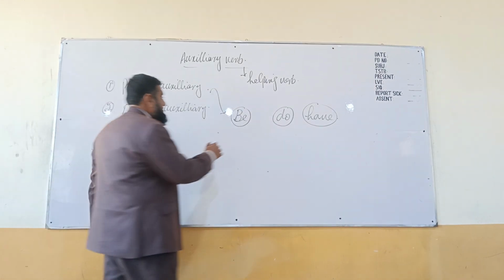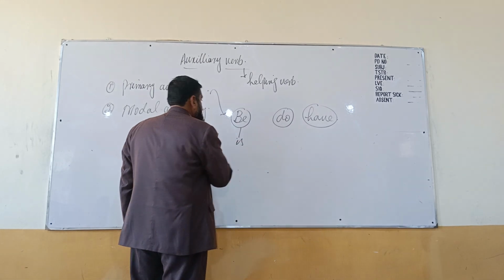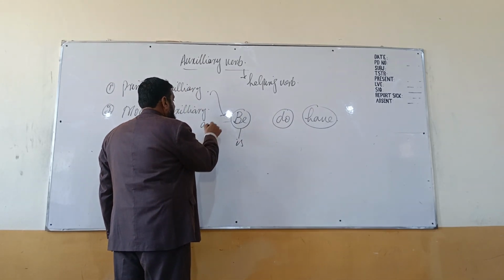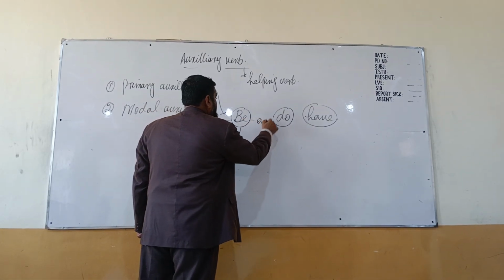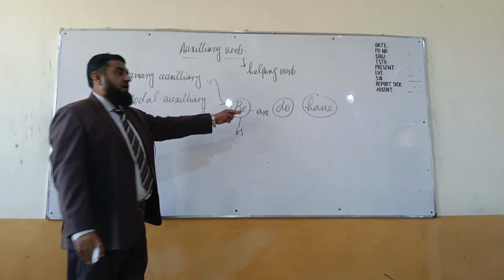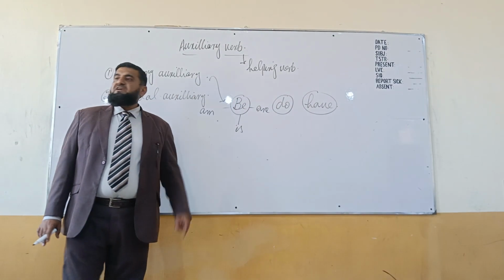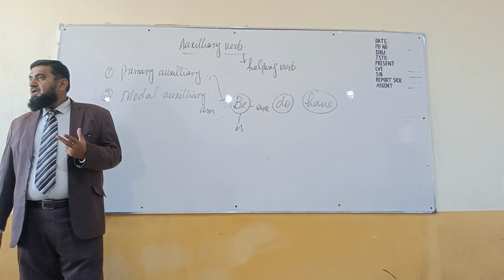So the first inflectional form of be is is, second is am, third is are. So is, am, are are the inflectional forms of be.